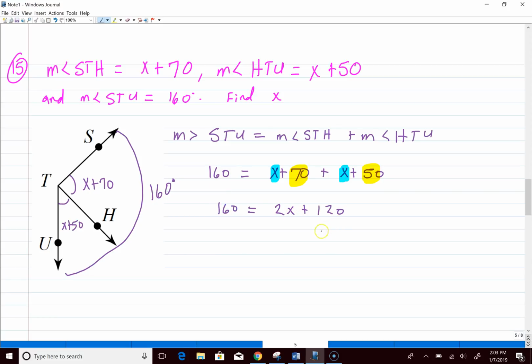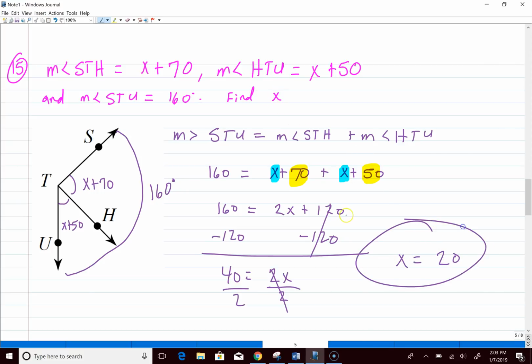Get X by itself, so I'm going to subtract your 120. 160 minus 120, that gives us 40. Bring down the 2X. Get X by itself, so we get rid of the 2 by dividing it. So X is 20. We're looking for just X, so that's the answer.